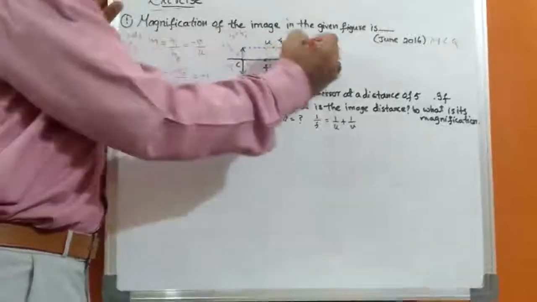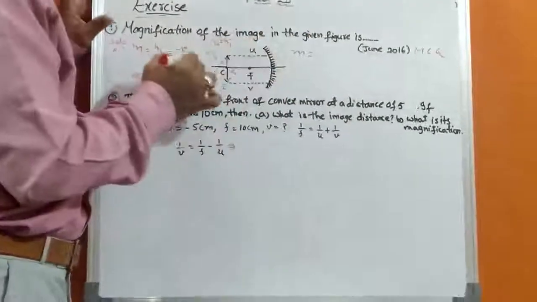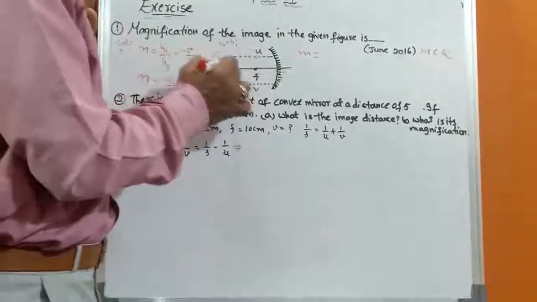If you substitute the image distance and object distance also, we get the same.